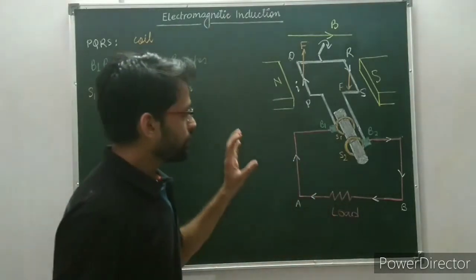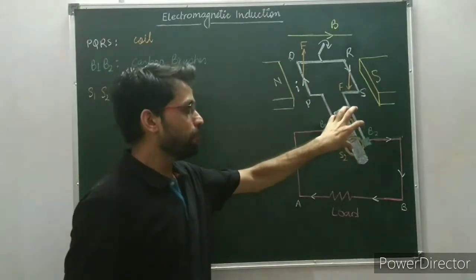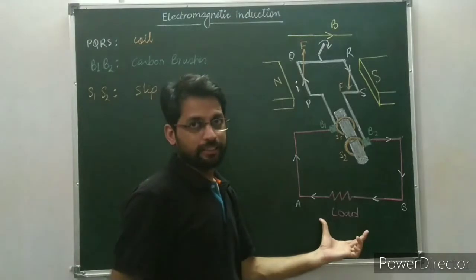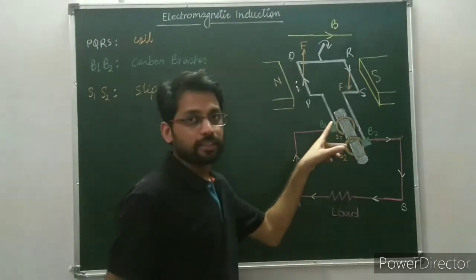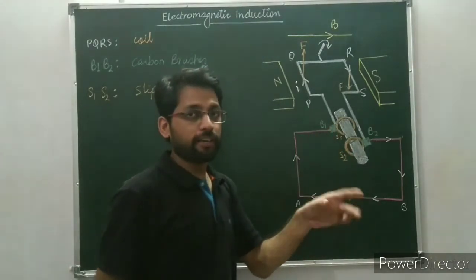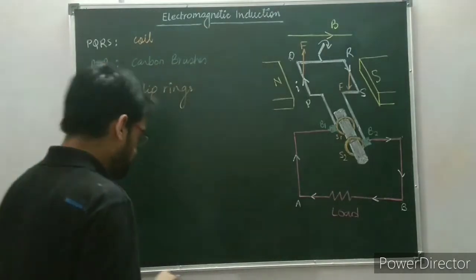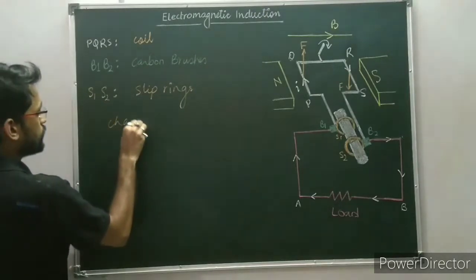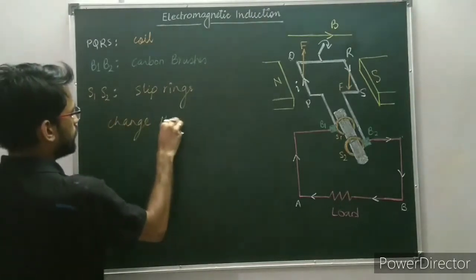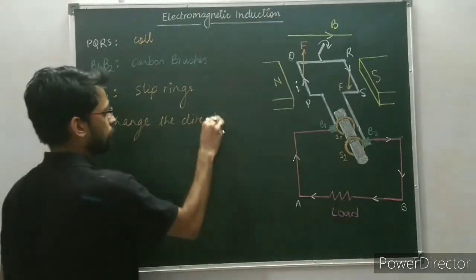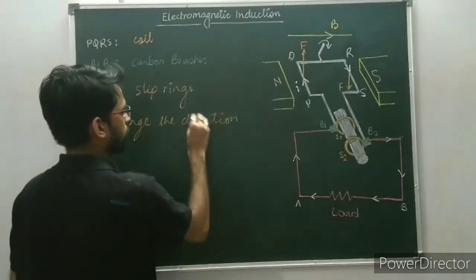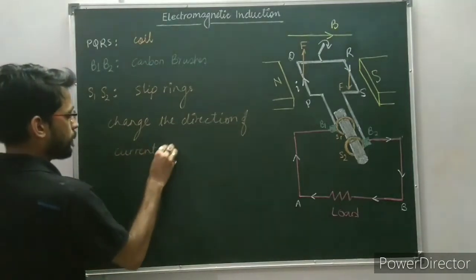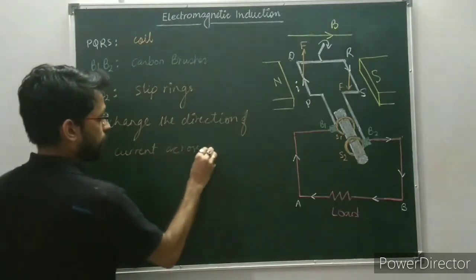So slip rings play an important role in AC generator to produce AC current, because slip rings change the direction of current every half rotation. Note it down. Slip rings change the direction of current across the load.